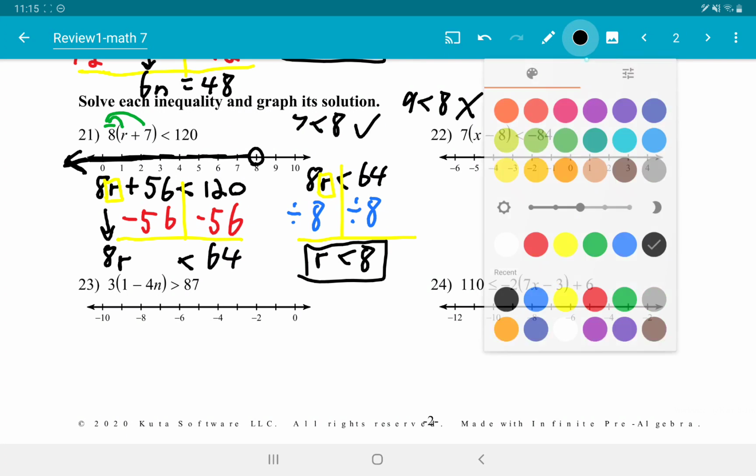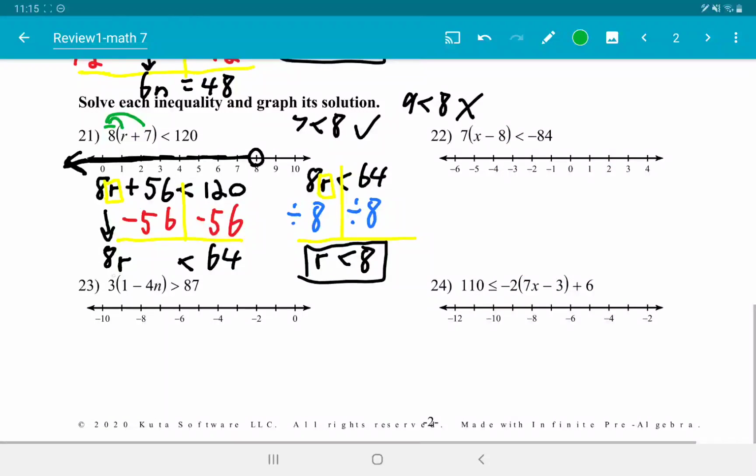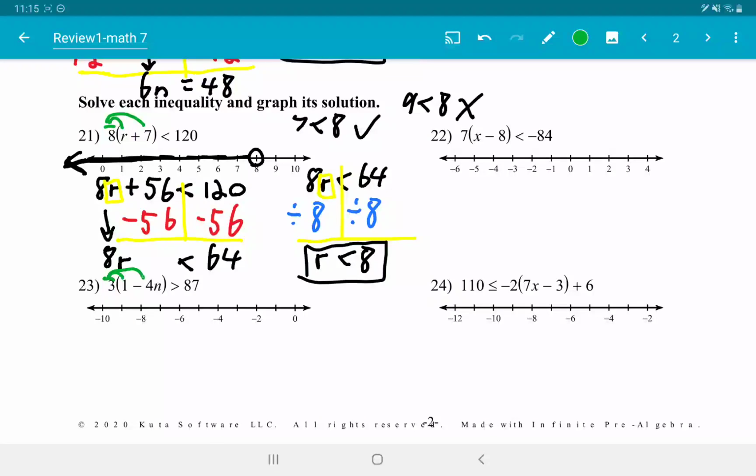All right, let's try 23. So same thing, distribute first. So I get 3 minus 12n is greater than 87.